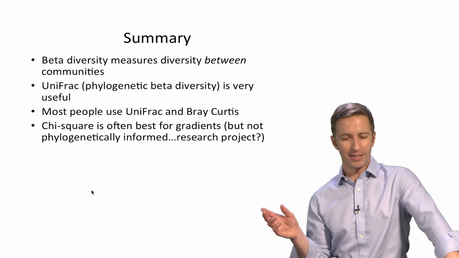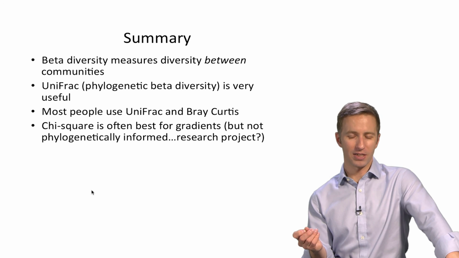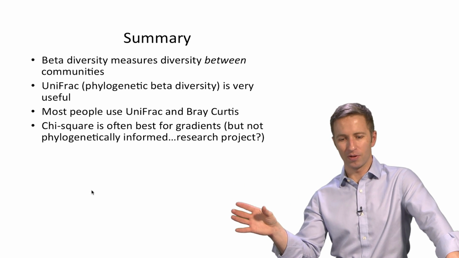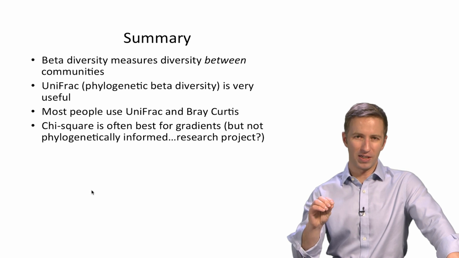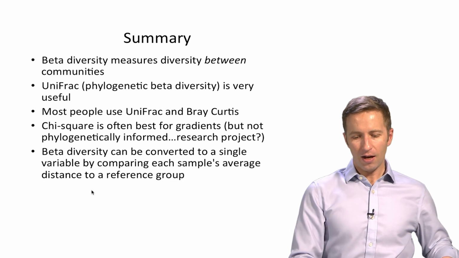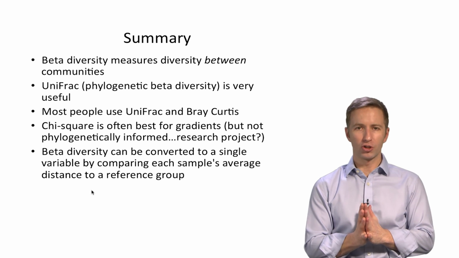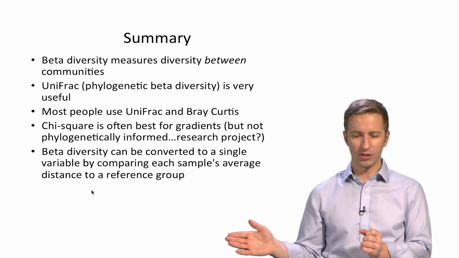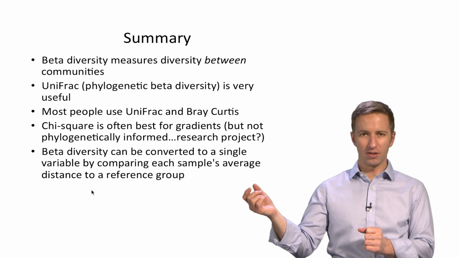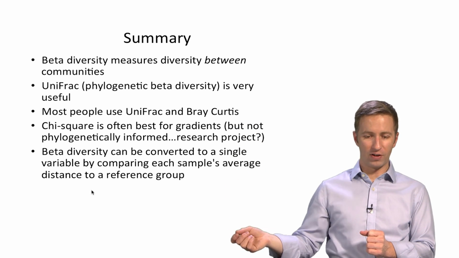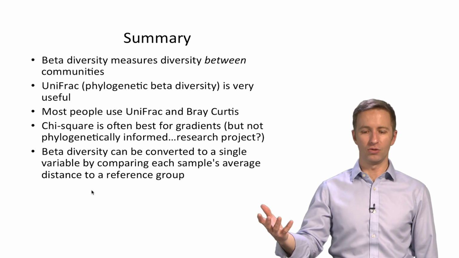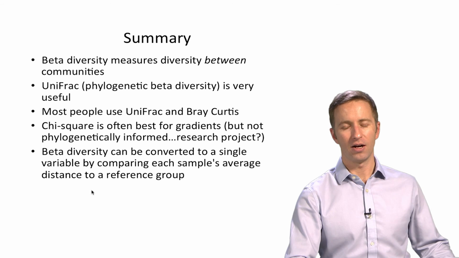Although it's not phylogenetically informed, maybe there's some kind of happy medium between the chi-square approach and the UniFrac approach that would be even better at recovering gradients. And finally, I showed you a little trick where you can convert beta diversity to a single valued variable by comparing each sample's average distance to some kind of control or reference group.